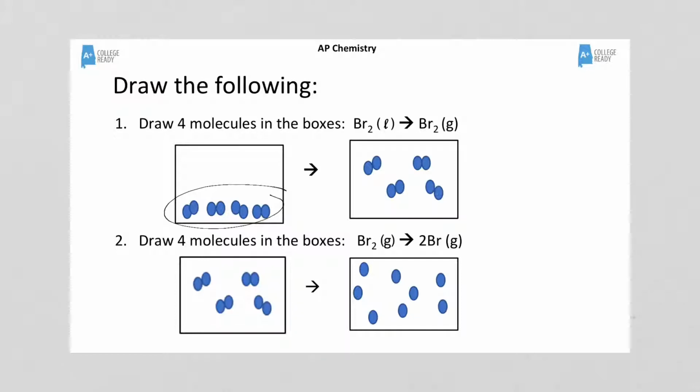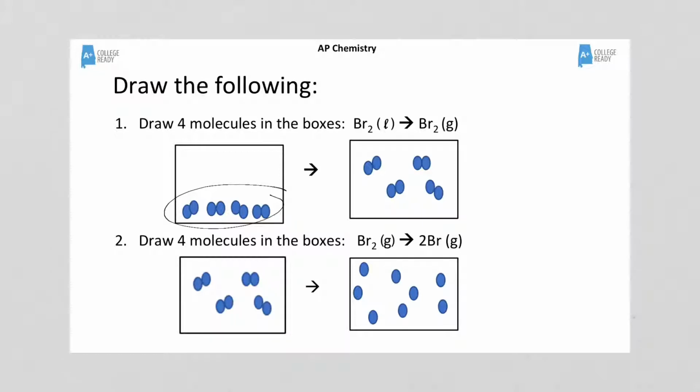However, these are diatomic molecules, so you'd have to have the 2 atoms together, and a slight organization as the liquid kind of filling the bottom of the box. As it becomes a gas, all that should happen is that they're separated. Hopefully that shows that they're floating around or moving around as a gas.